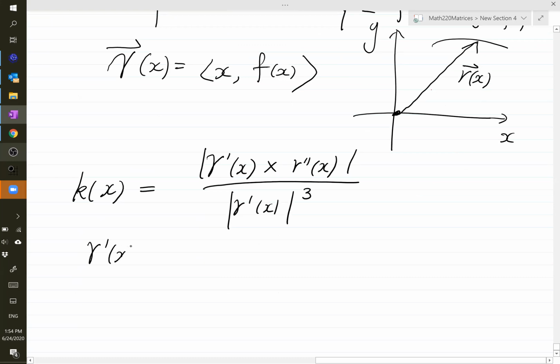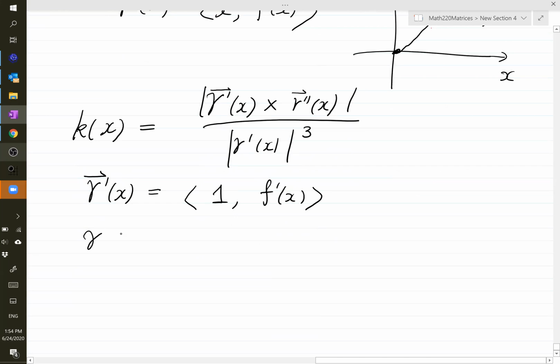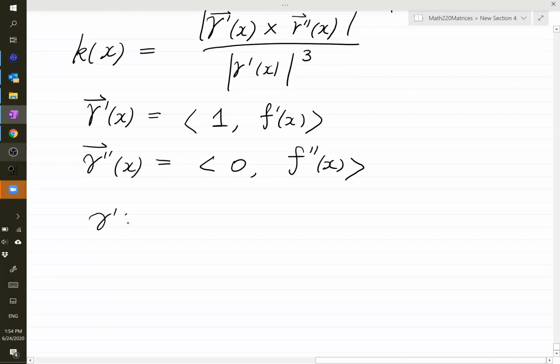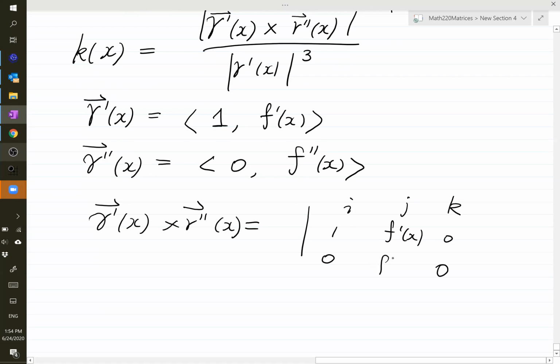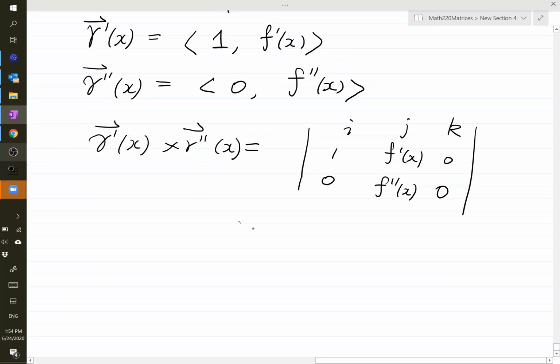Now we use this to compute it. So r derivative, taking the derivative with respect to x, is (1, f'). Our second derivative is (0, f''), since the derivative of 1 is 0. So r' cross r'', you can use the ijk determinant: 1, f', 0 in the first row, 0, f'', 0 in the second.